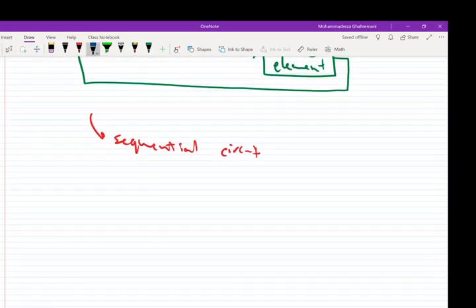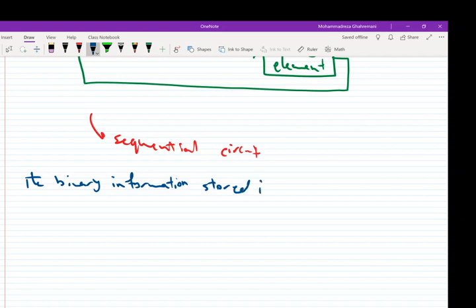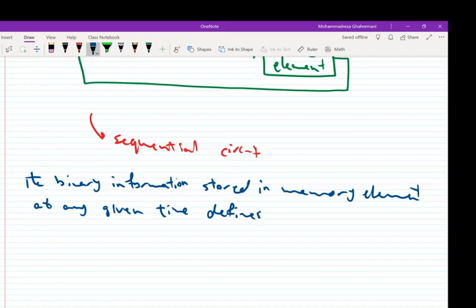We can say the binary information stored in memory element at any given time defines the state of the sequential circuit at that time.